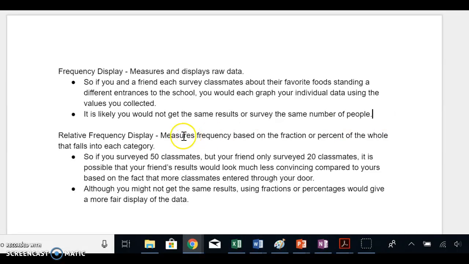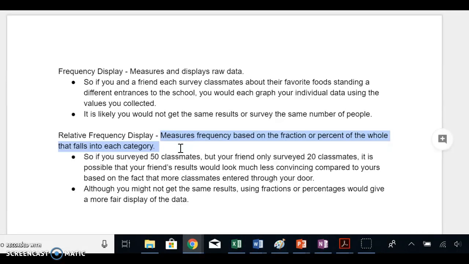A relative frequency display measures frequency based on the fraction or percent of the whole that falls into the category. So, for example, if you surveyed 50 classmates and your friend only surveyed 20 classmates, it's possible that your friend's results would look much less convincing compared to yours based on the fact that more students entered through your door.